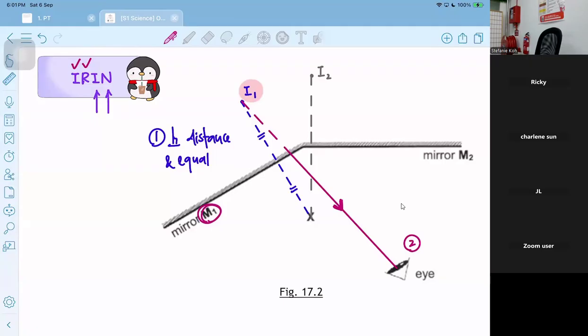This one is only rays outside the mirror. Look at the incident ray and the normal.